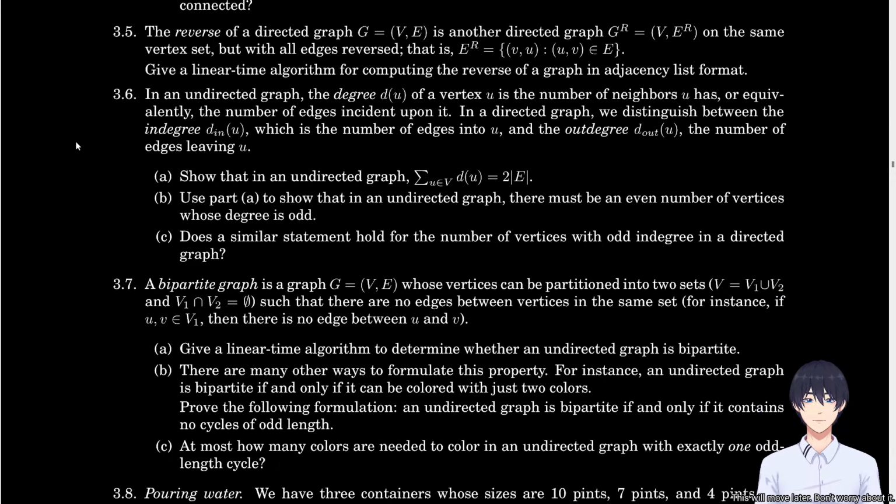The reverse is another directed graph on the same vertex set, but with all edges reversed. Give a linear time algorithm for computing the reverse of a graph in adjacency list format. Okay. So, you have a list of lists.